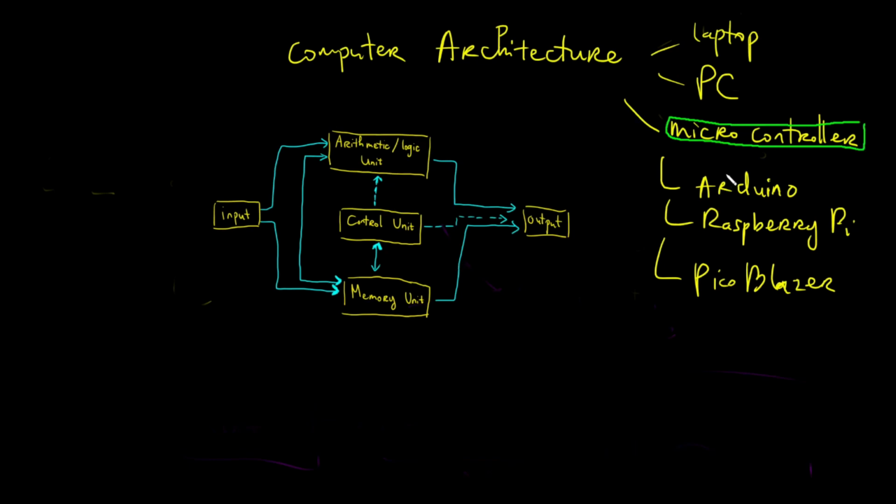You will see microcontrollers more in the future when you take more advanced courses beside digital systems. Popular microcontrollers that university students use for educational purposes are Arduino, Raspberry Pi, and maybe the Pico Blaze. The Pico Blaze is harder to use than Arduino and Raspberry Pi.